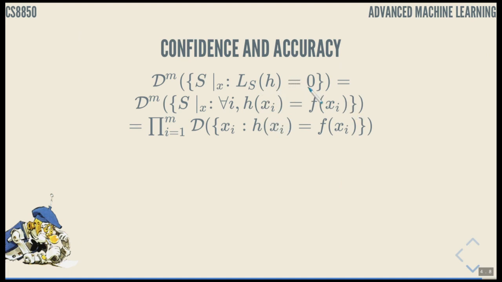But what that means is that an empirical loss of 0 means that our hypothesis will return exactly what our true labeling function returns on all samples in this tuple, in the list of training samples.